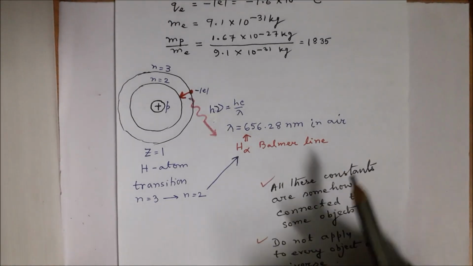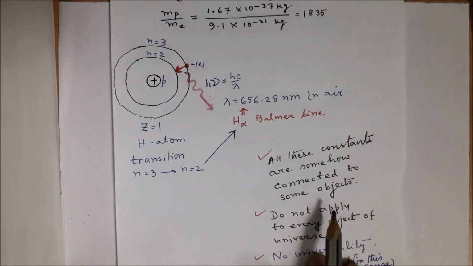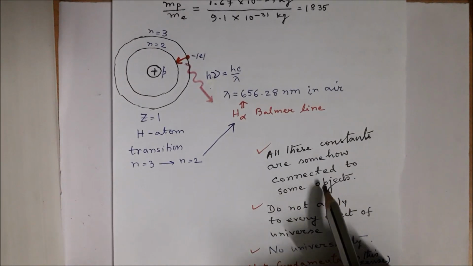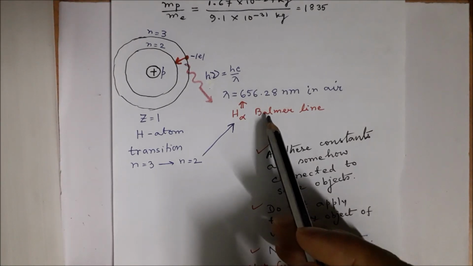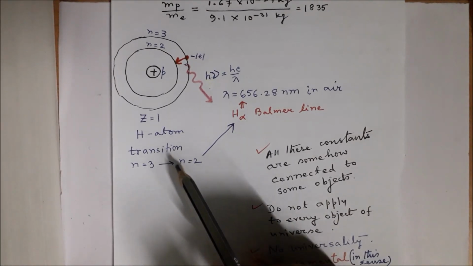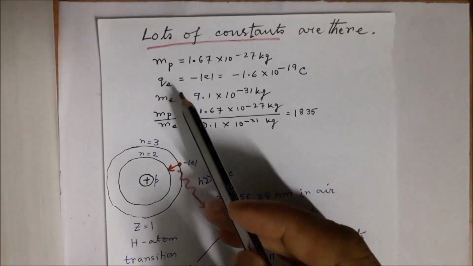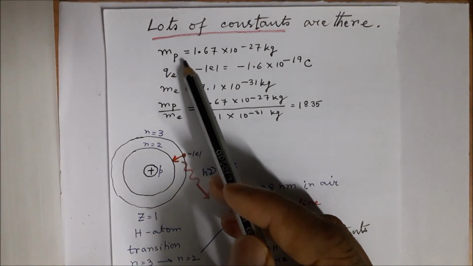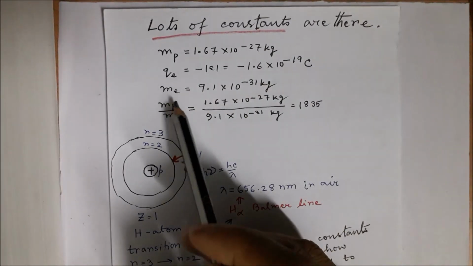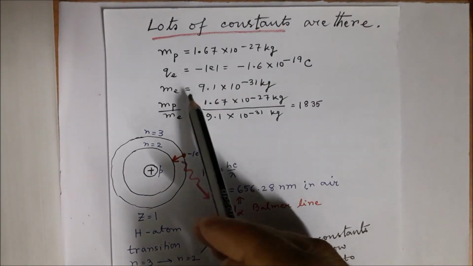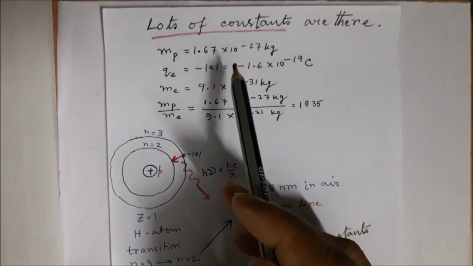Now all these constants are somehow related to certain objects. For instance, the Balmer line is related to hydrogen. For instance, mass of proton, so we are referring to a proton and not to an electron. But when we are speaking of electron, then we are not referring to proton or neutron.